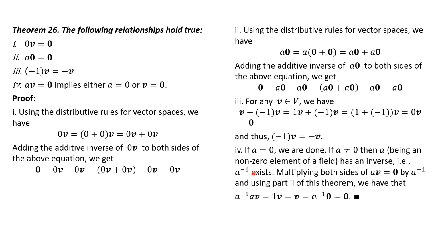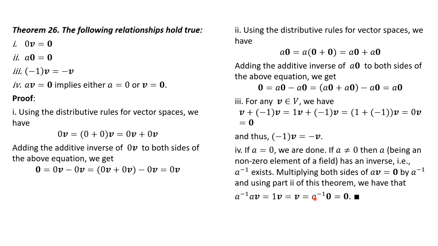Then we multiply both sides of our given equation here, av equals 0, by a inverse. And we use part 2 of our theorem, which you've already proven. So we have a inverse times av, that's 1. Then 1 times v is just v.